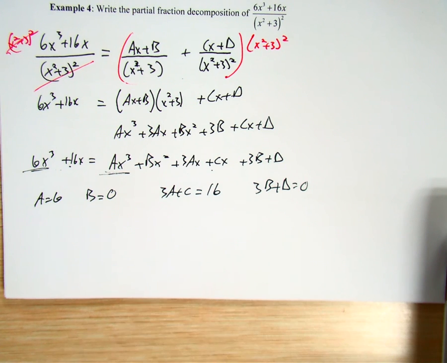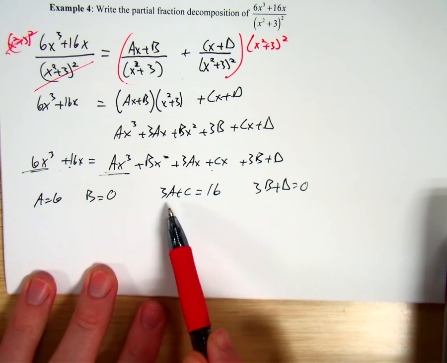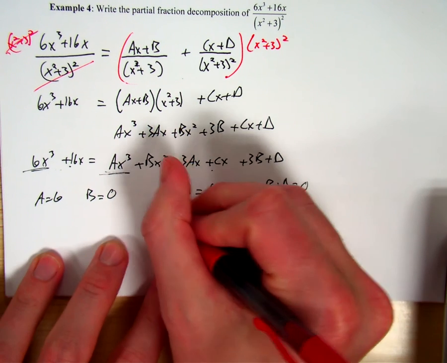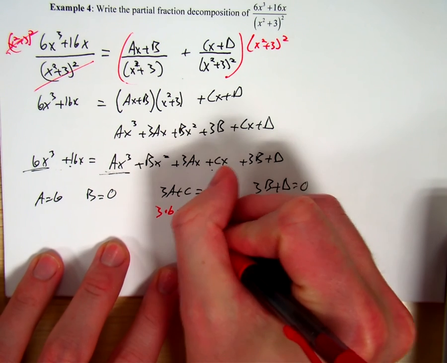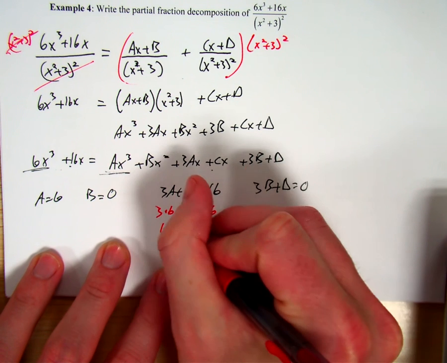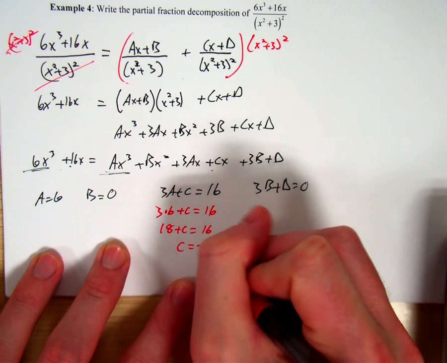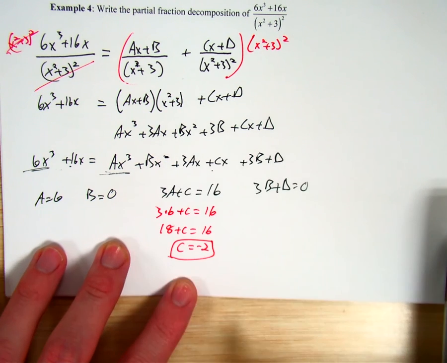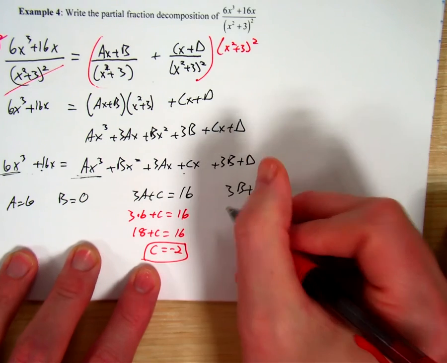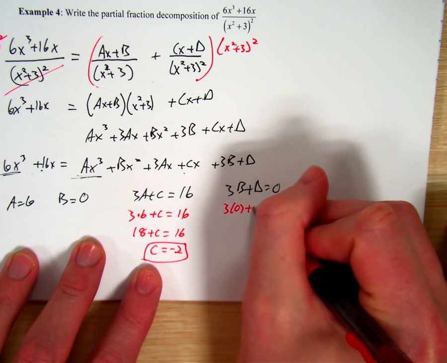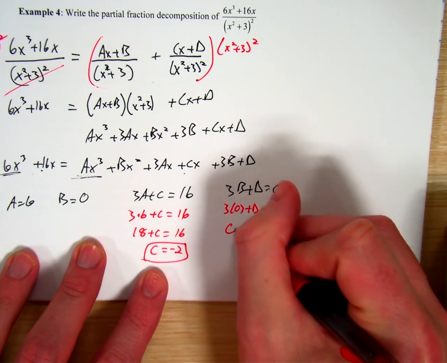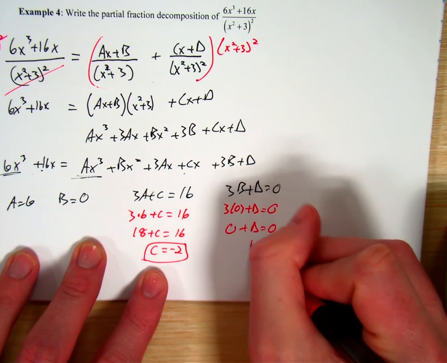So take the ones we know and substitute them in. If a is 6, that's 18. Means c is a negative 2. And if b is 0, 0 plus d equals 0. That means d equals 0.